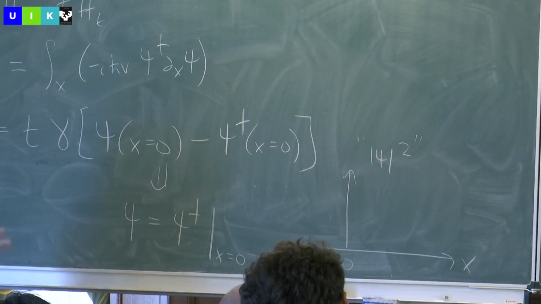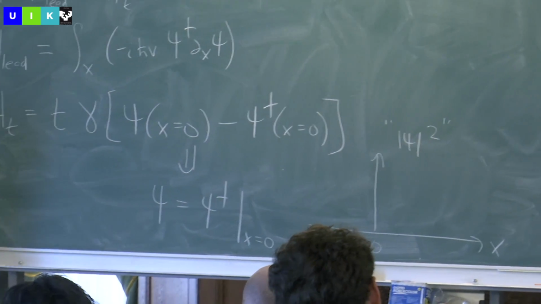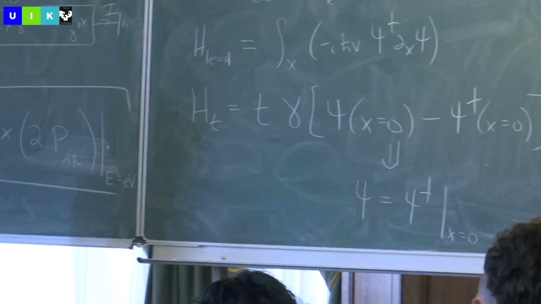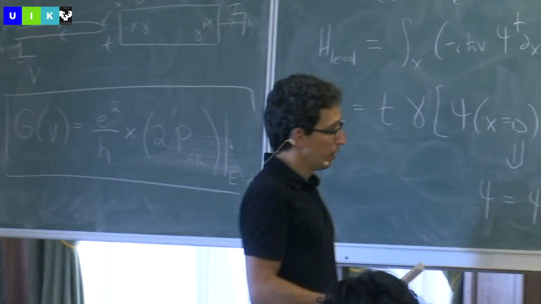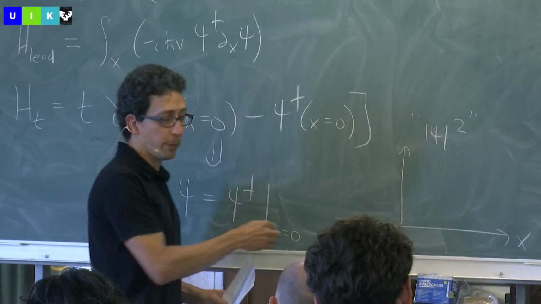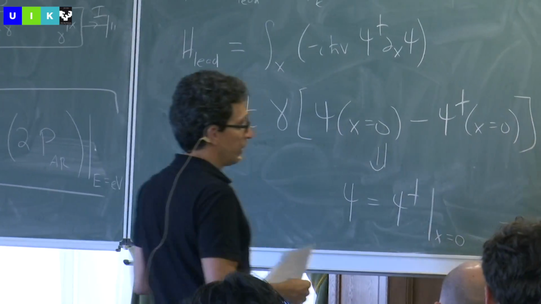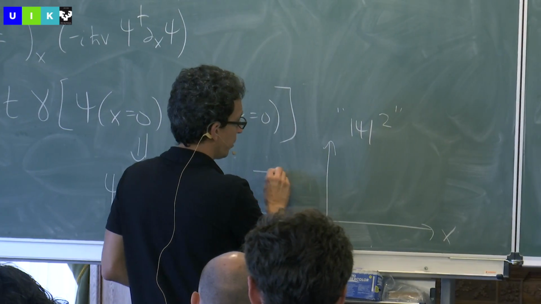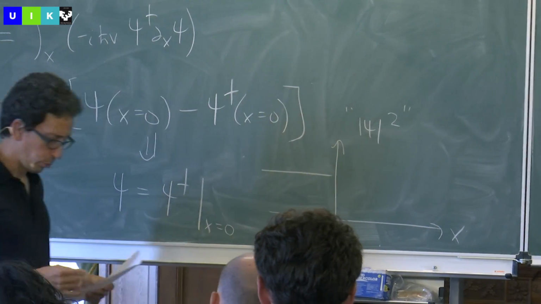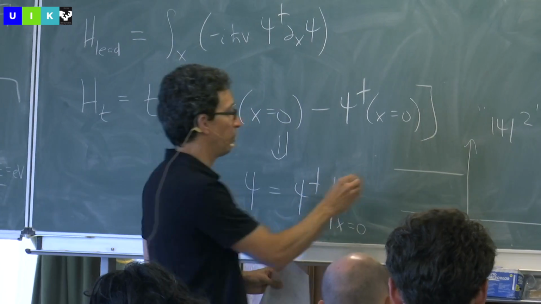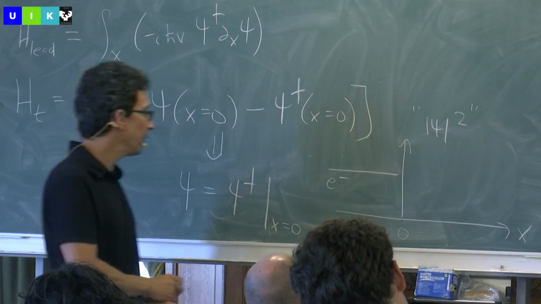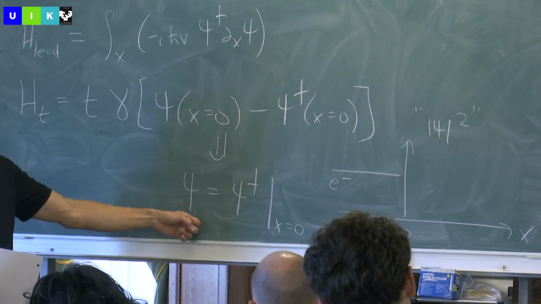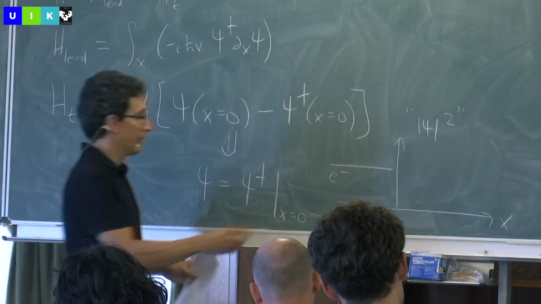Remember, we have both electron and hole parts to the wave function. We should allow for the possibility that we have Andreev reflection. Negative x's correspond to my incoming states according to my coordinate system. And so I'm going to assume that we just have some purely electron-like component to the wave function in that region. But if I want to satisfy this boundary condition, then this had better die.